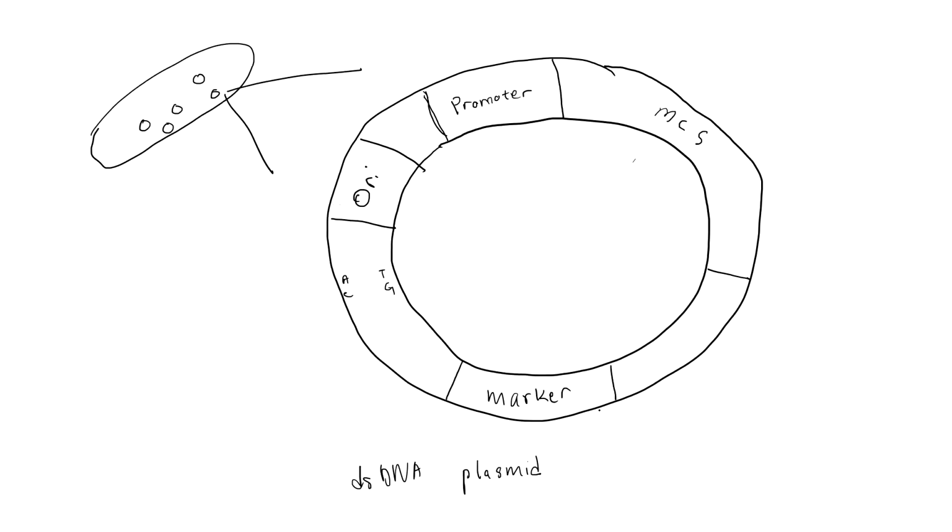Marker genes could be many things. Either an antibiotic resistance gene, or, for example, GFP protein, the fluorescent gene, or the GUS gene, which codes for an enzyme that will give them color. So all these markers allow identification of cells that have taken up the plasmid.